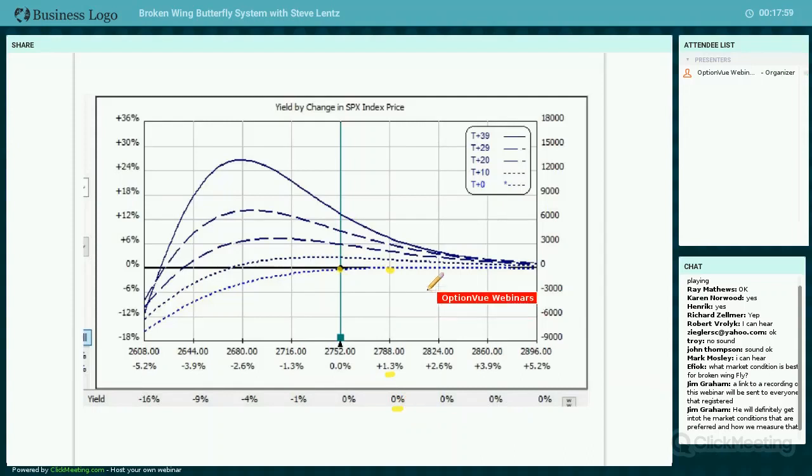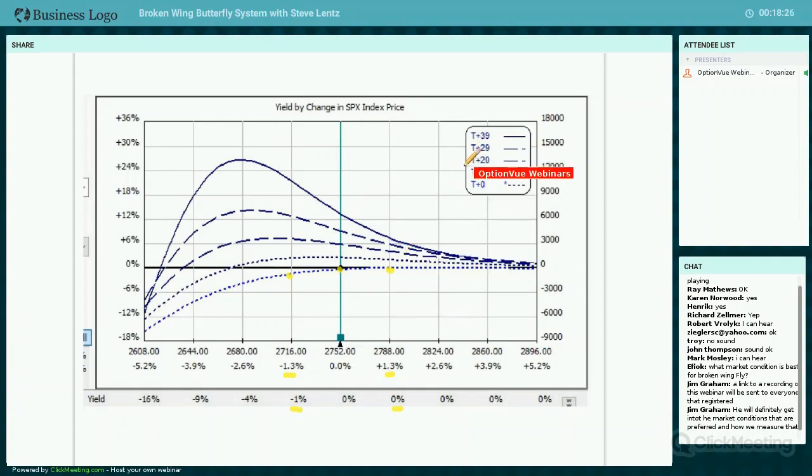For a lot of the premium sellers using condors and butterflies, a big move like that would be devastating to the upside, but we manage that. If the market goes down 1.3%, and it's something we've seen lately, here the position loses 1% of required capital. 1% of required capital, and that's just outstanding.